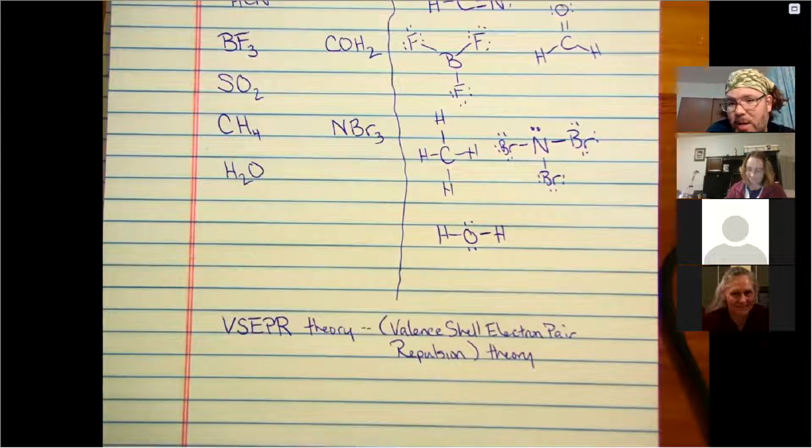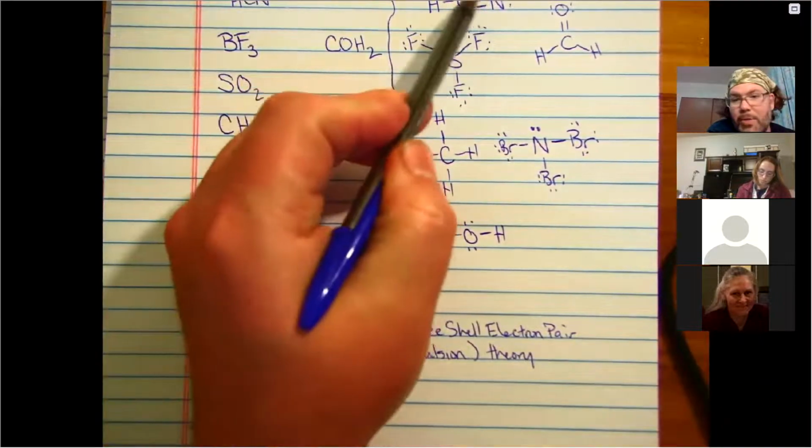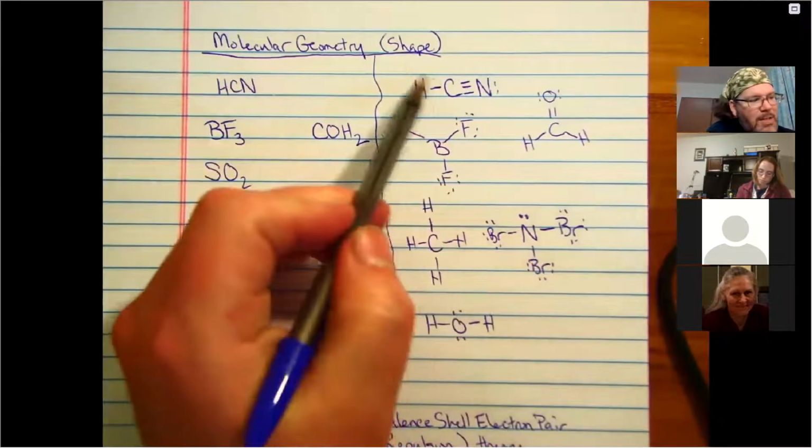It's really easy. All that big acronym means is that electrons repel other electrons. So electrons want to be as far apart from other electrons as they possibly can be. And that includes when we have electrons that are surrounding a central atom.